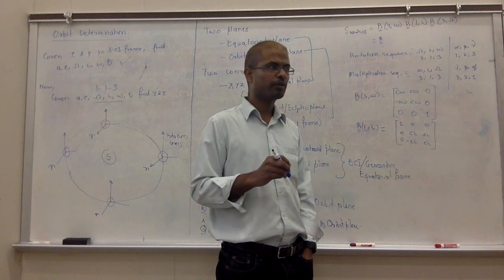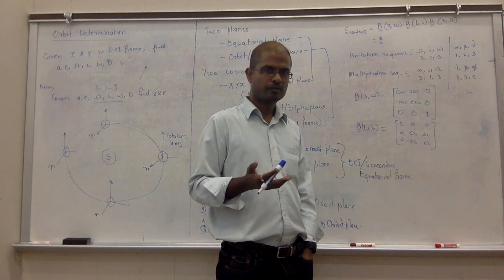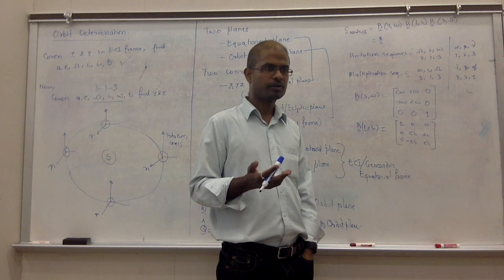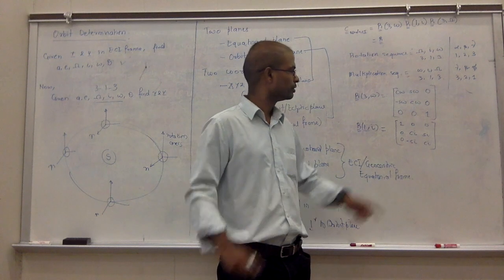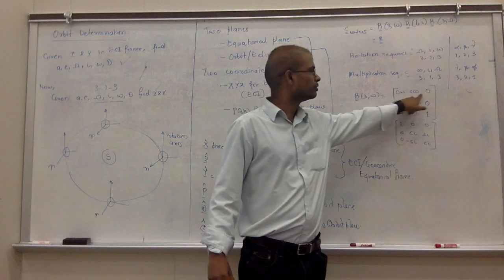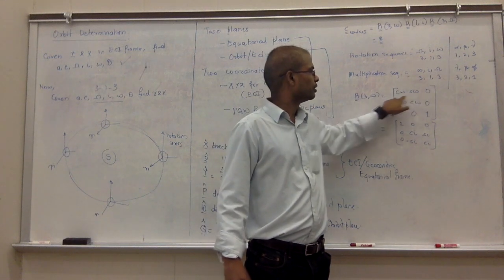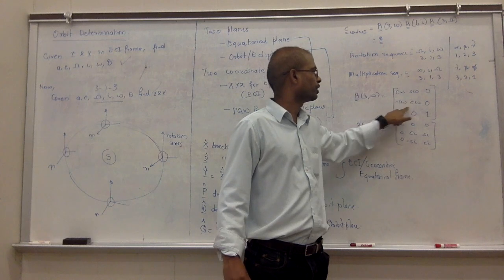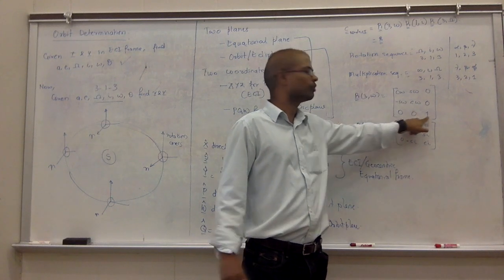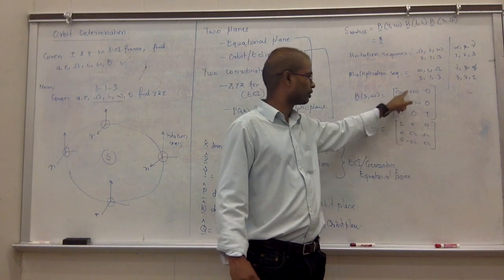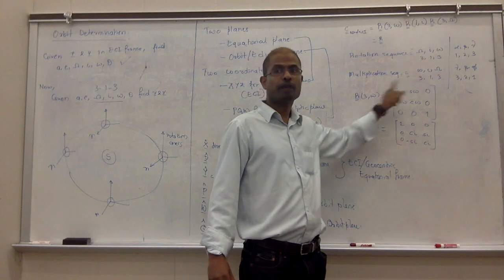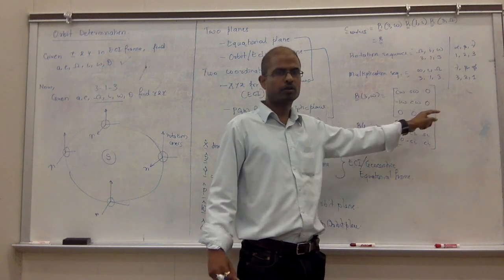What is the other property of DCM? Rows are orthogonal, columns are orthogonal. I told you that. What does orthogonal mean? You take the norm of this, you'll end up with 1. Norm is magnitude. Okay? You take the magnitude of the first row, second row, third row, it's 1.